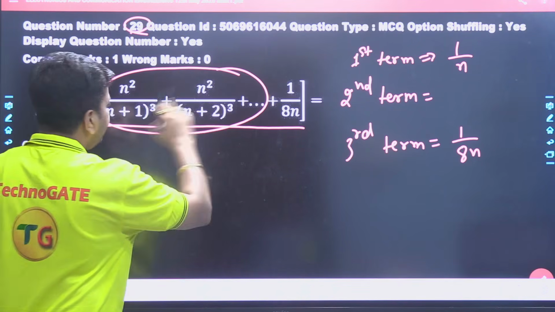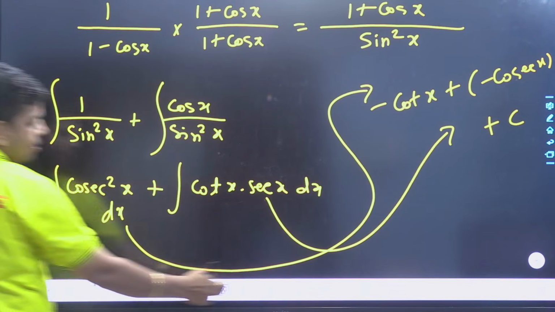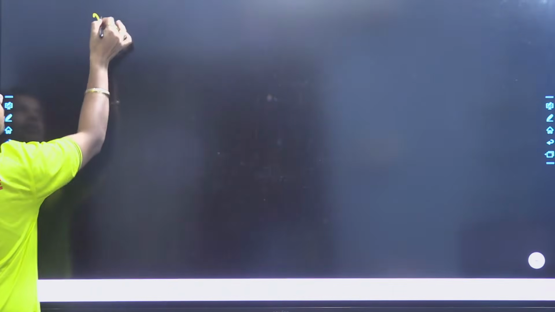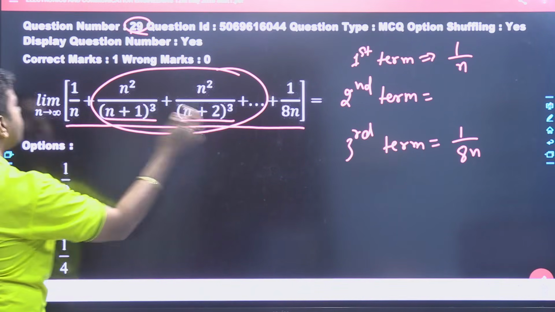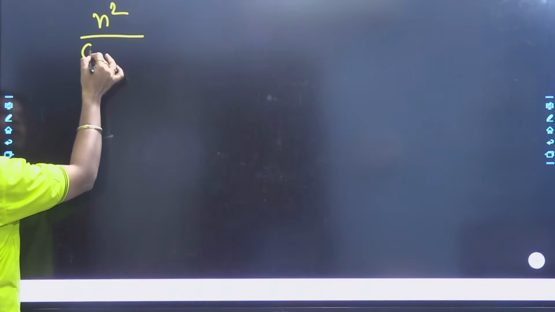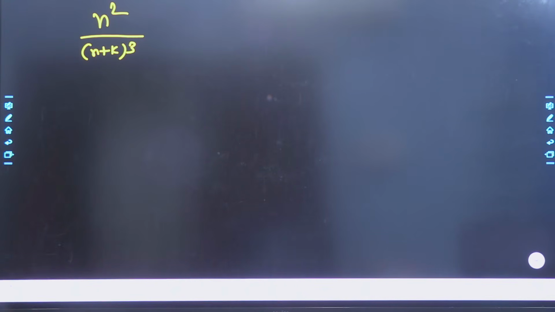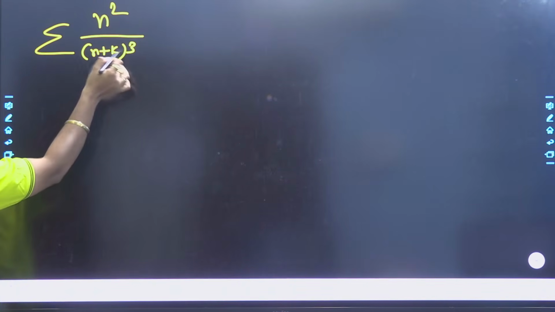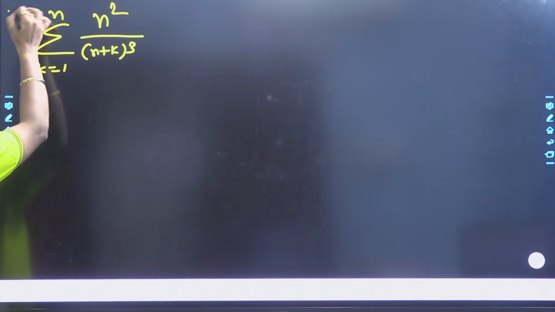Now if I generalize the second term, it is simply n square upon (n plus 1) cube, (n plus 2) cube, (n plus 3) cube, so it is nothing but n square upon (n plus k) cube. So we can take the summation of k equals 1 to n. That would be your second term.